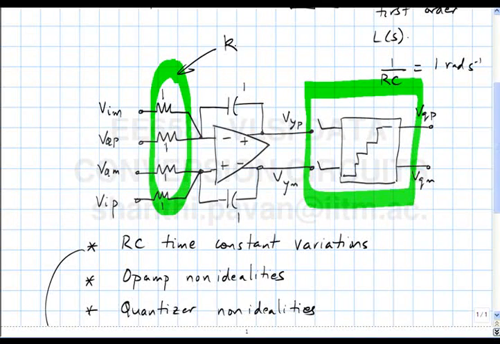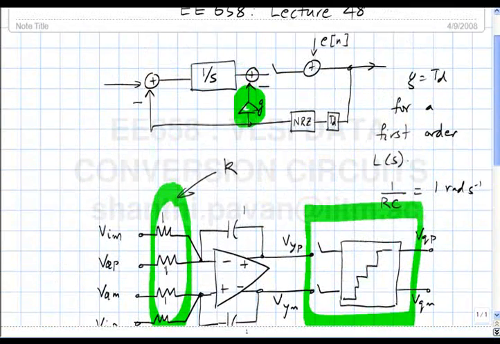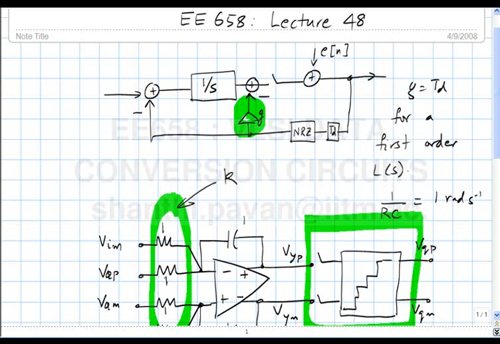In other words, in this block diagram, what is this equivalent to? If all resistors increase, is the integrator getting slower or faster? Slower, because in 1 over RC, R is increased to K. So instead of this being 1 over S, it becomes 1 over Ks.